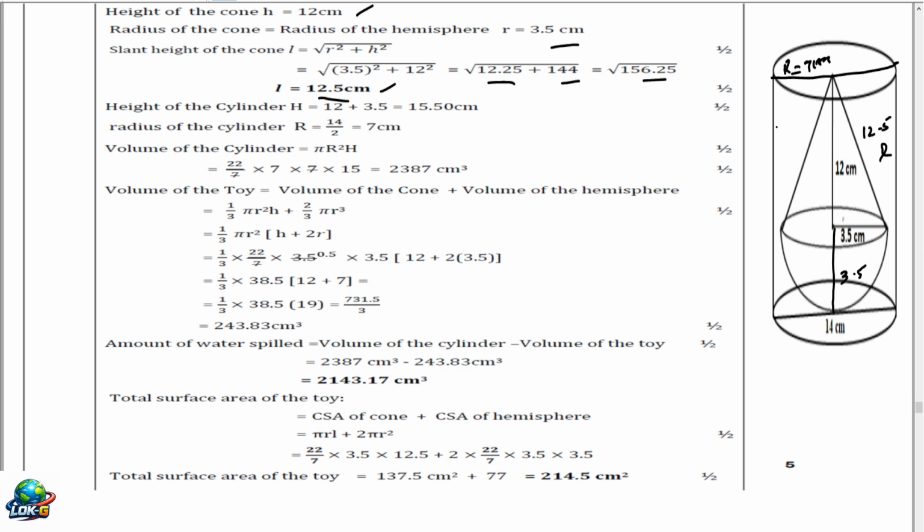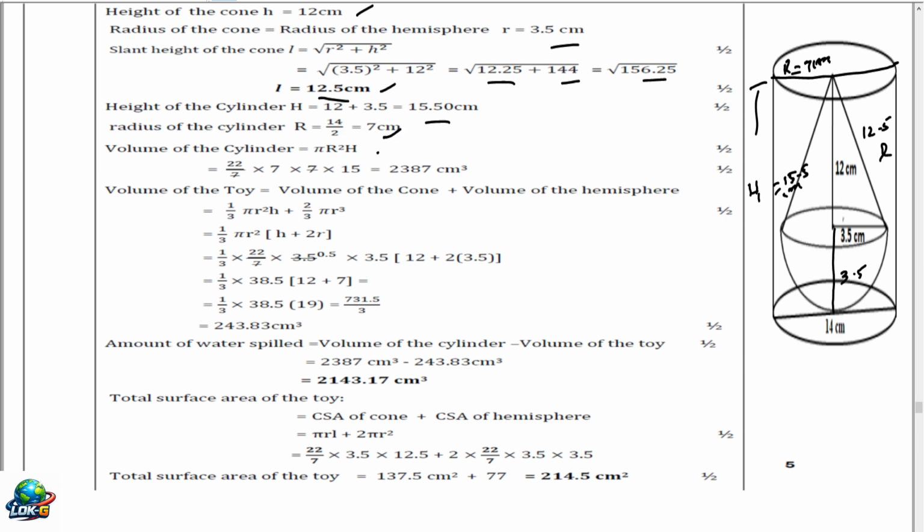This gives you the total height of the cylinder, capital H. This will be 12 plus 3.5, which is 15.5 centimeter. The radius of the cylinder is 7 centimeter.